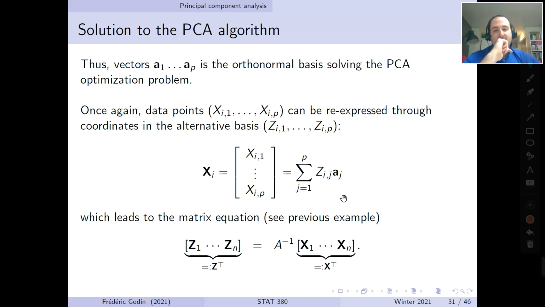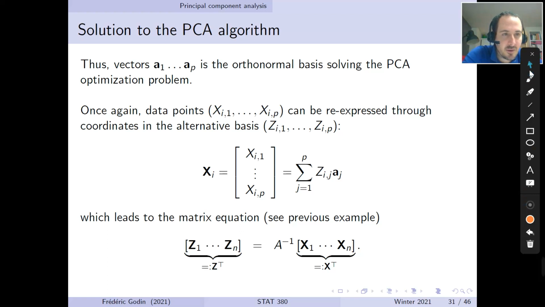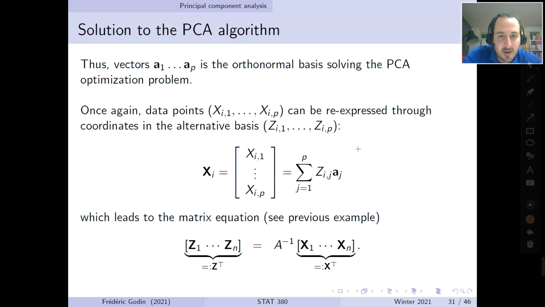So here we say that there's a linear relationship between the vectors xi and the coordinates in the new axis. Okay, so here if we do this, this means that the vector xi can be expressed as the aj transpose times the vector zi.